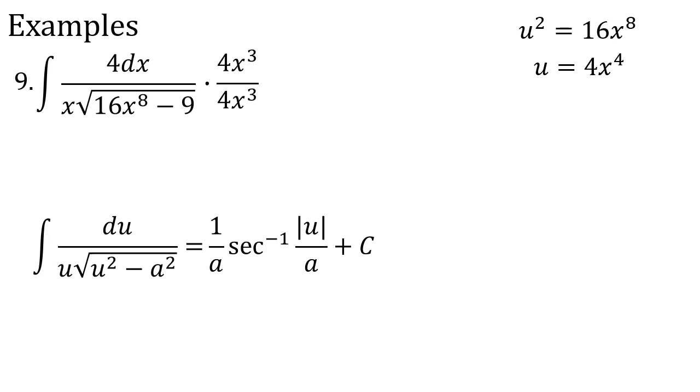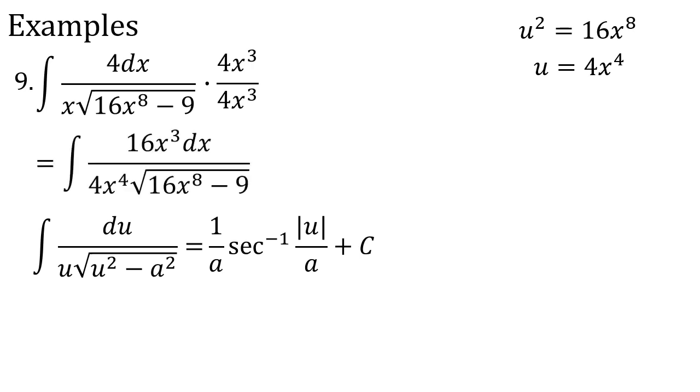So algebraically, it will change, but the value will still be the same when simplified. Okay? So multiplying that, we're going to have the integral of 16x cubed dx over 4x to the 4th times the square root of 16x raised to 8 minus 9.